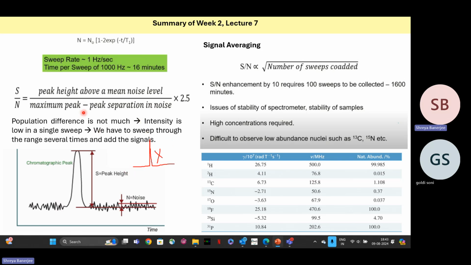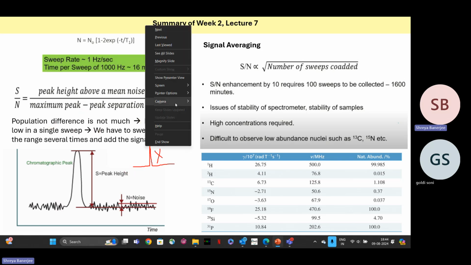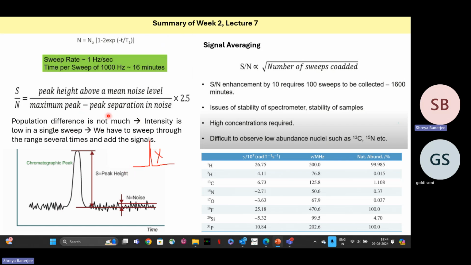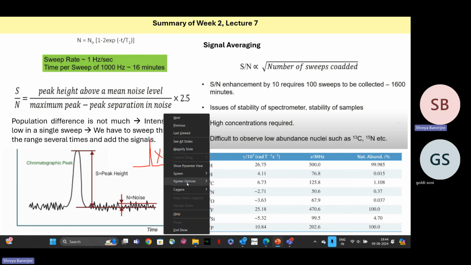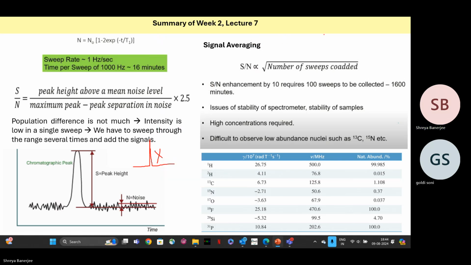Now, how do you improve signal to noise ratio? By increasing the number of times you scan the NMR. Like we saw before, there are two energy levels, alpha and beta.